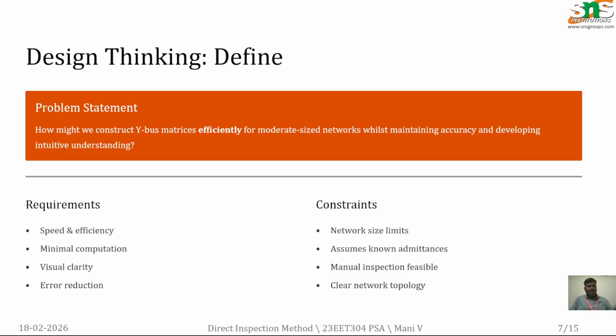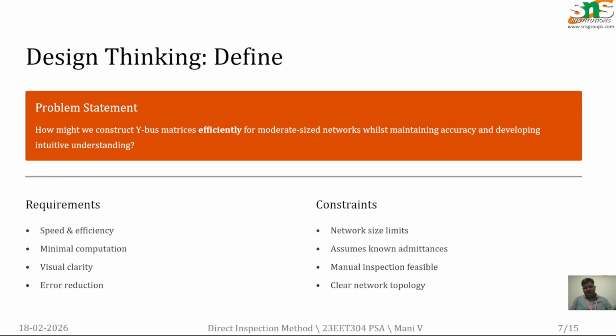So we need the following requirements: the speed should be very high, efficiency should also be high, and minimal computation should be required so that the time is very short. It should have visual clarity to verify all the answers, and we have to reduce error detection.